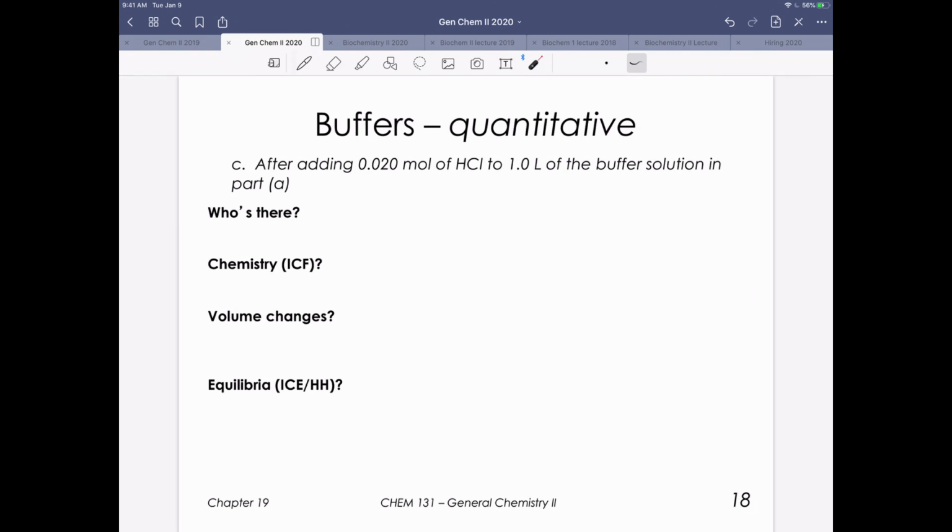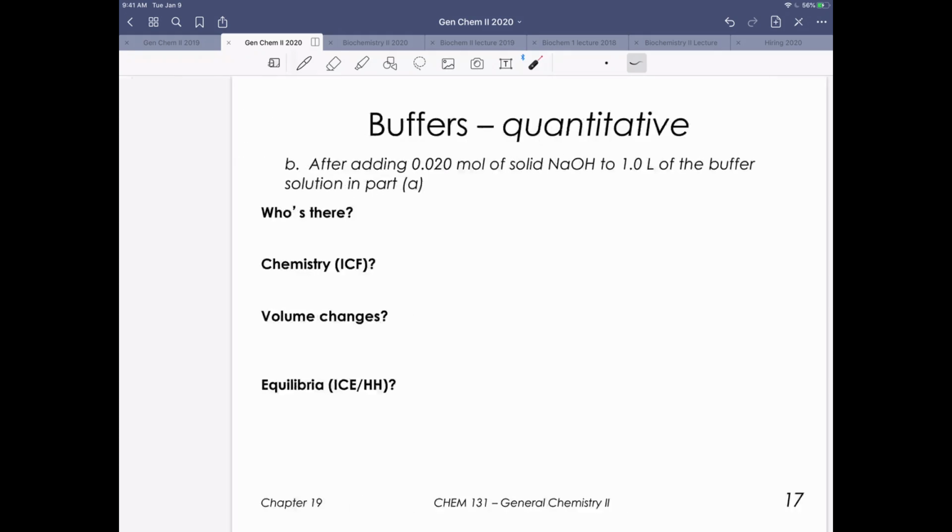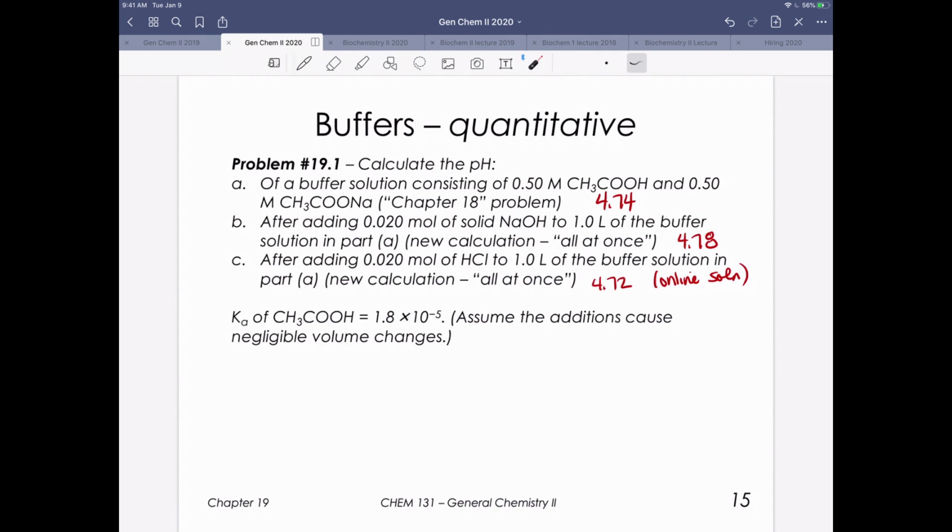What I want you to try on your own is going through the same calculations, but seeing how they'll be different if we now add 0.02 moles of HCl. I'd encourage you to go to the Blackboard site to see the worked out solution for this problem. And again, you're going to get that the final answer will be 4.72.